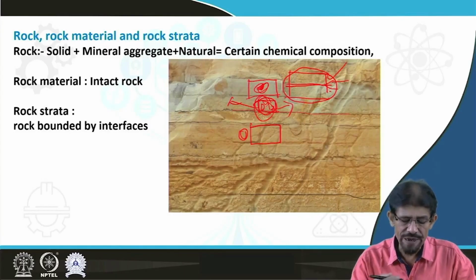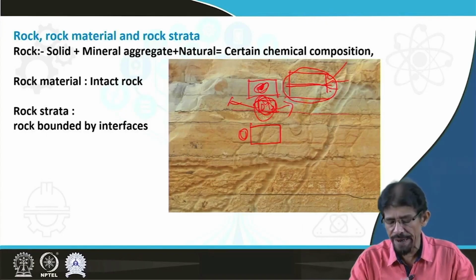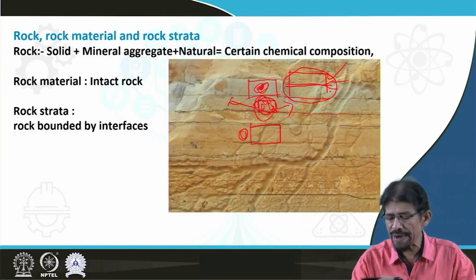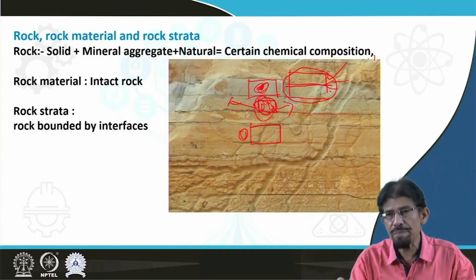So we can say that rock is a naturally occurring solid material representing a mineral aggregate that possesses certain chemical composition and petrological attributes.